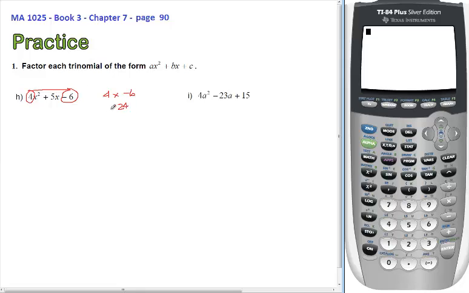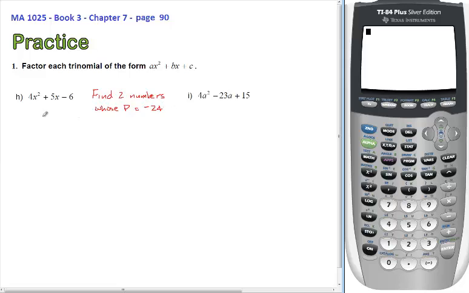So that's how we get that number. So we want to find two numbers whose product, which means multiply, I'll call it P for product, is negative 24.